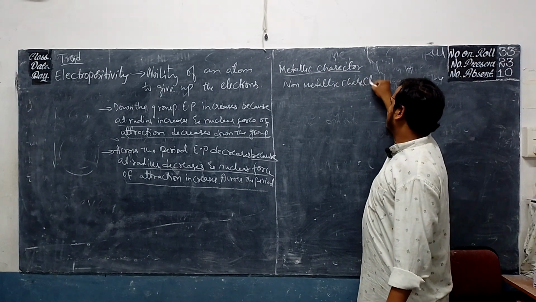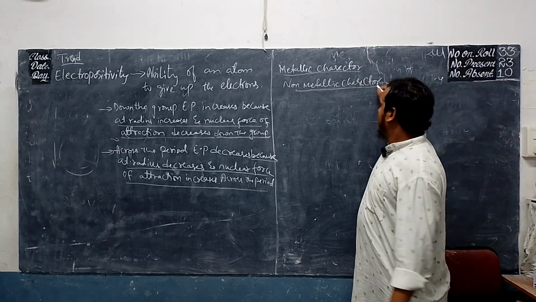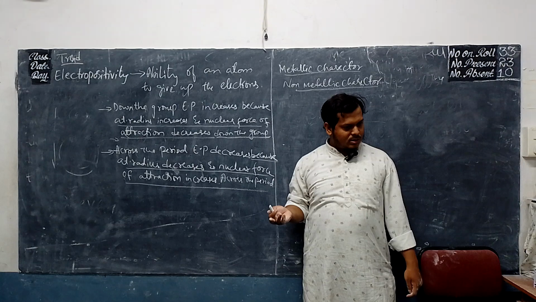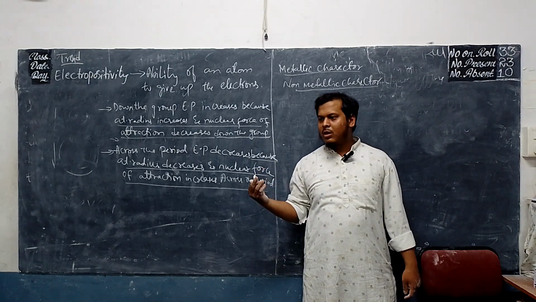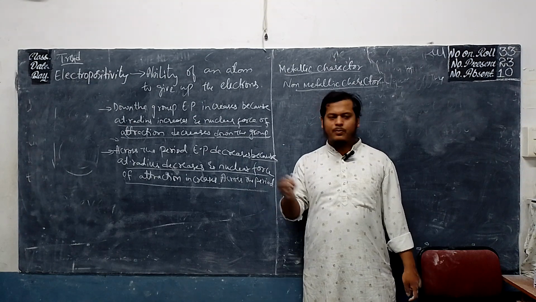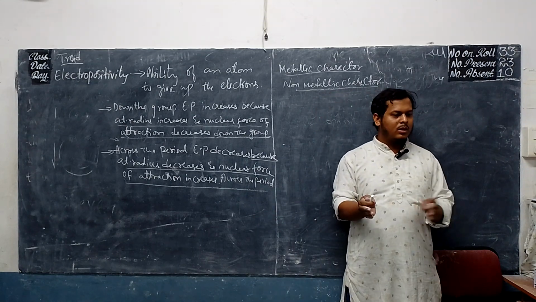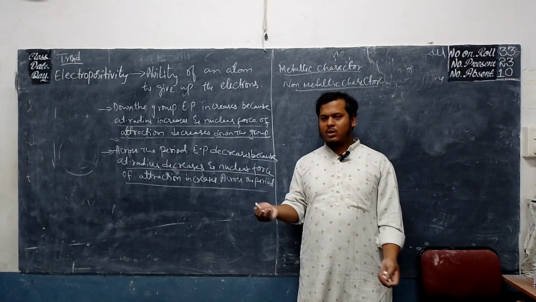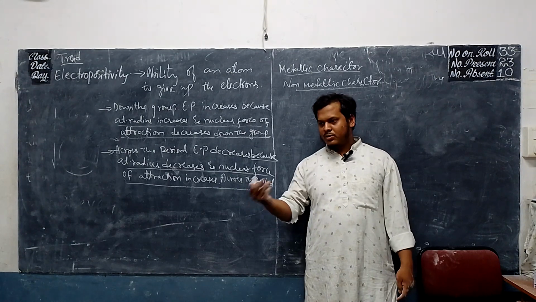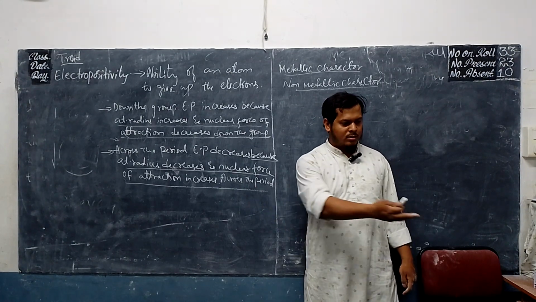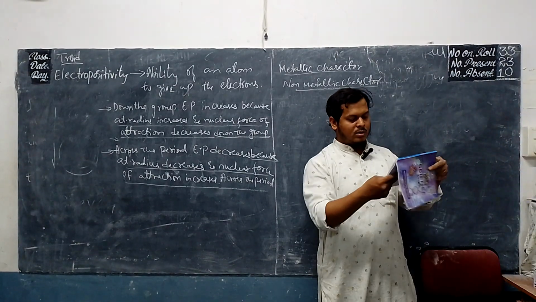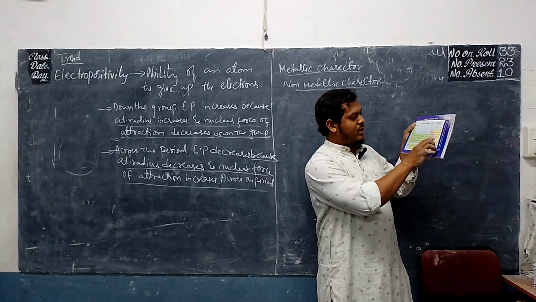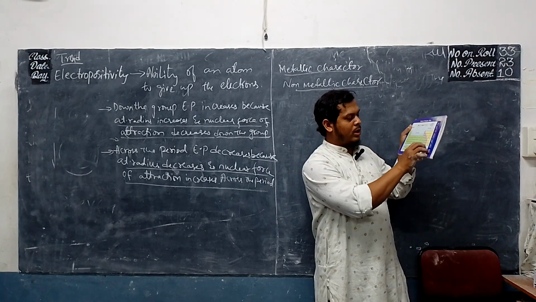Over. Now I explained to you about the metalloids. I told you, metalloids are the elements whose metallic properties are in between metals and non-metals. Examples of metalloids: boron, silicon, germanium, arsenic, tellurium and polonium.